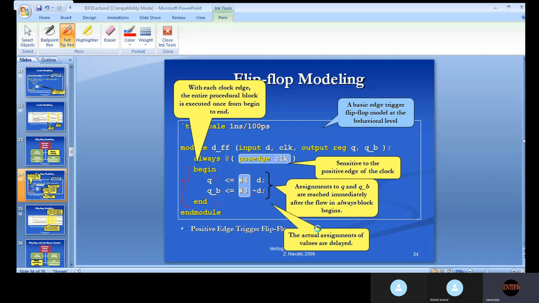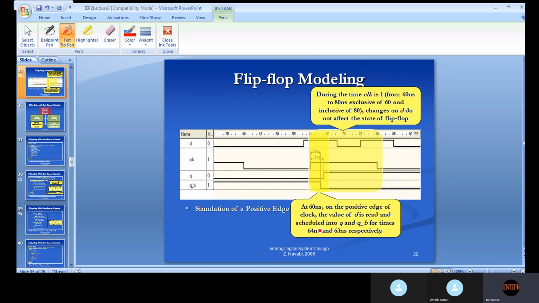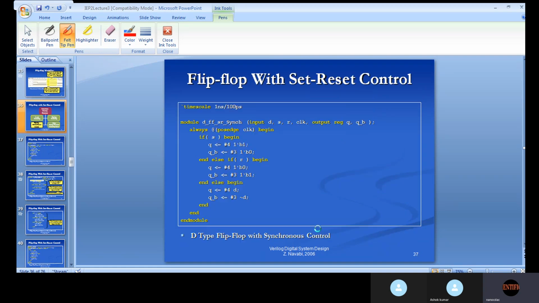Okay, so this is flip-flop modeling. Now the flip-flop with set reset control. There is nothing else here, look at the program. At the posedge of the clock you have to execute the following assignments. If s is equal to 1, you assign 1 to q after a delay of 4 time steps, and q bar is equal to 0 after a delay of 3.